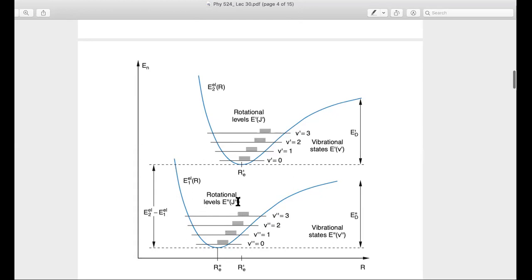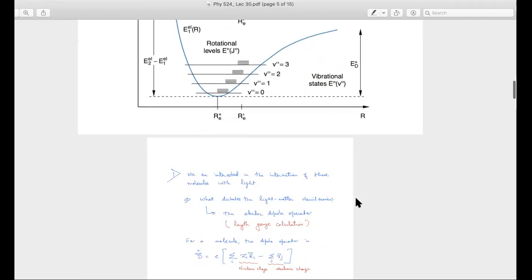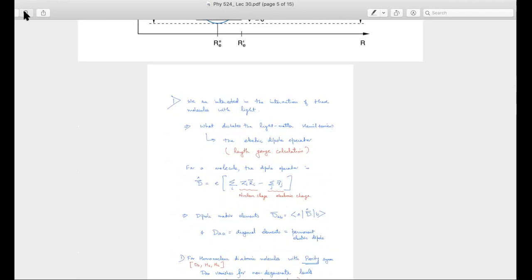This is the picture to keep in mind, even if you do not follow the mathematics or the derivation. This is the broad picture you should keep in mind, and it will be extremely useful when we discuss the excited states in optical emission and absorption experiments. So this was sort of a revision of what we have been doing in the last few classes.